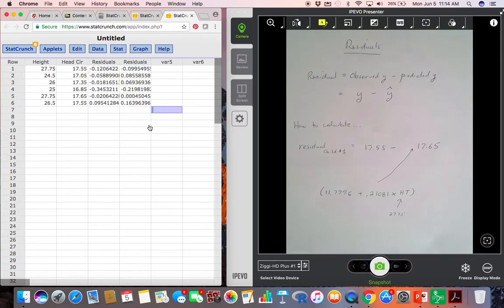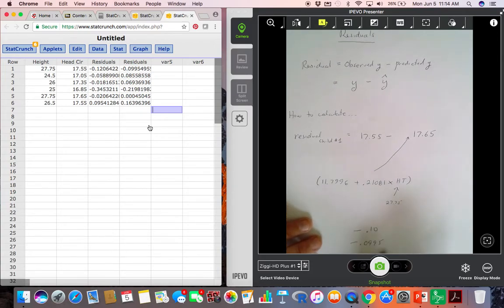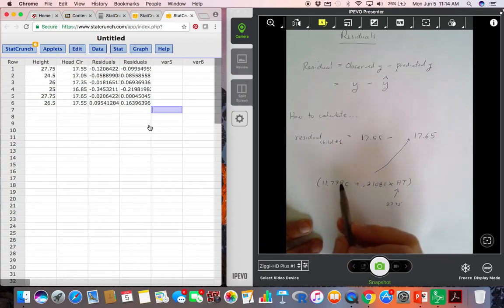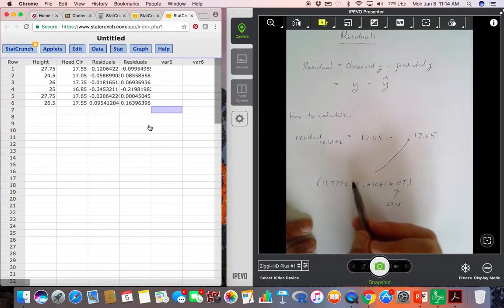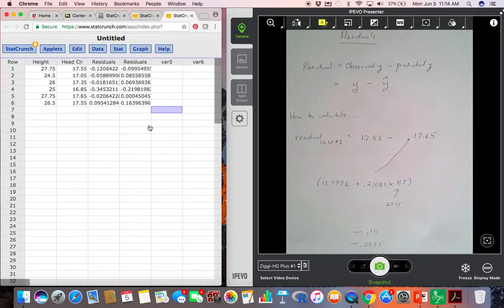Give me a little bit of slack for rounding, and it turns out to be exactly the same thing. If I take this minus this, I get negative 0.10, and technology has it at negative 0.0995. So you can see these things are very, very close. The only difference is I rounded off to 4 places here and 5 places there, and they made the calculations based on the entire decimal expansion.